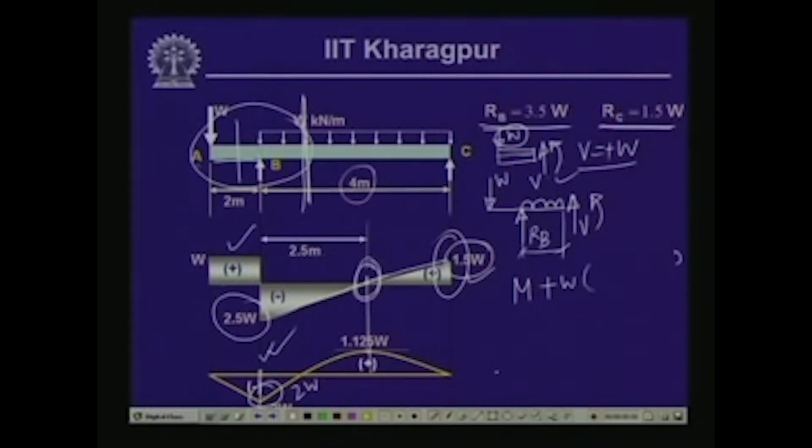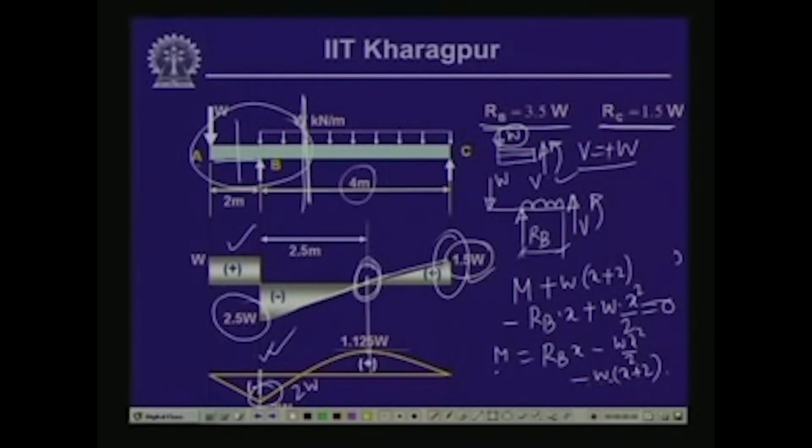So, W times (x plus 2) minus Rb into x plus W into x squared by 2 is equal to 0. So, the bending moment M is equal to Rb into x minus W x squared by 2 minus W into (x plus 2).